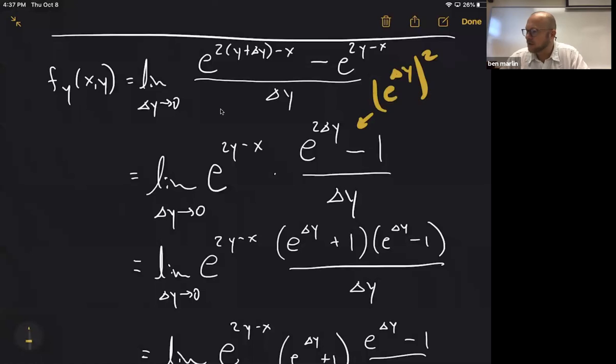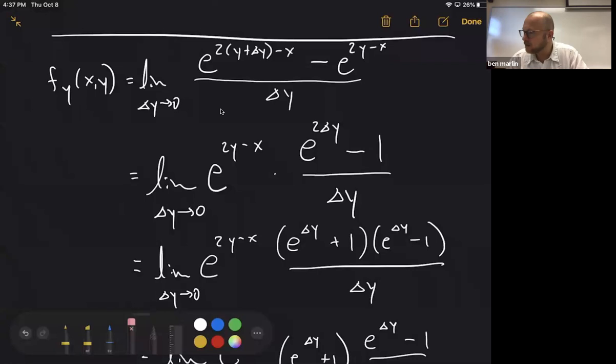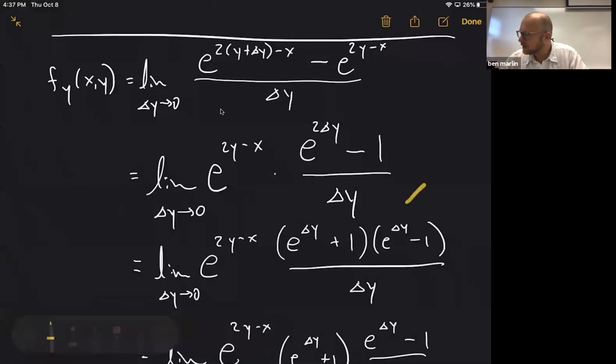And I'm also thinking about that I have a 1 squared. So I'm factoring out a difference of squares as we go on that. And when I factor that out and come back down here, then I've got an e to the delta y plus 1 and an e to the delta y minus 1, okay?